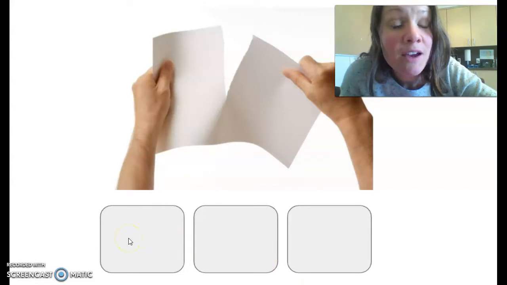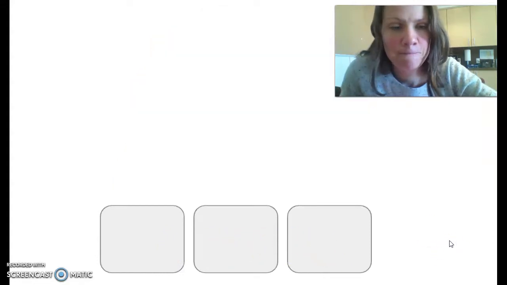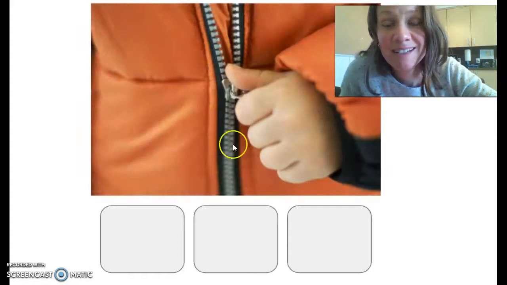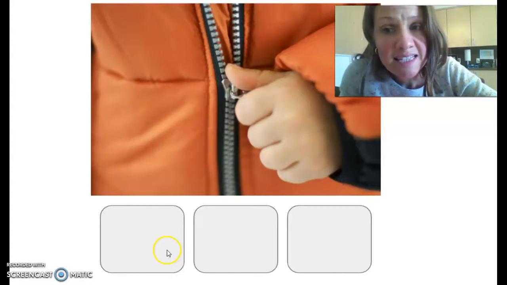Three sounds. R, ip, rip. Okay. This one. What are the sounds? Zip. What are the 3 sounds?